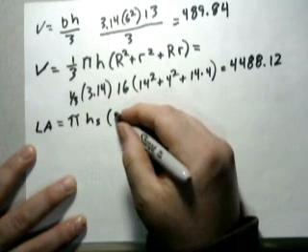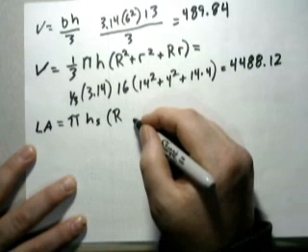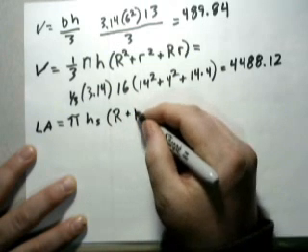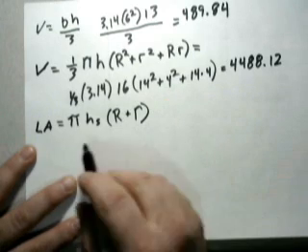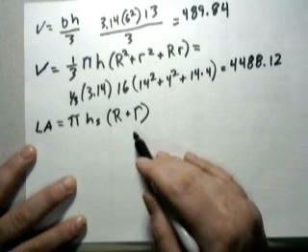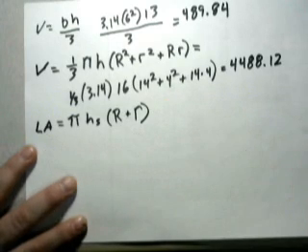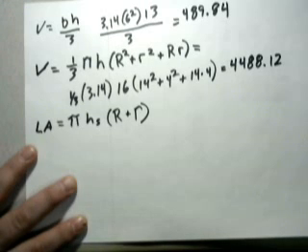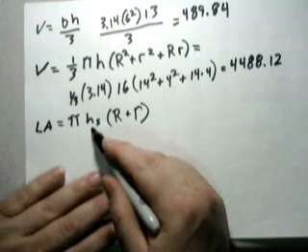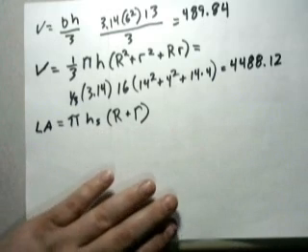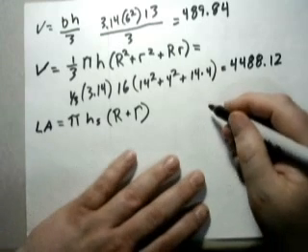And then r plus little r. That's the lateral area. Then the surface area is just the area of the big circle plus the area of the small circle. The first thing we need to do is take care of this slant height.